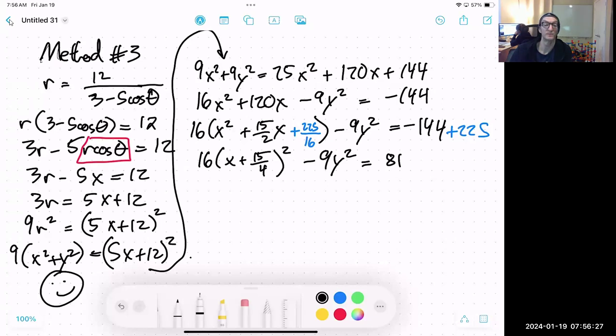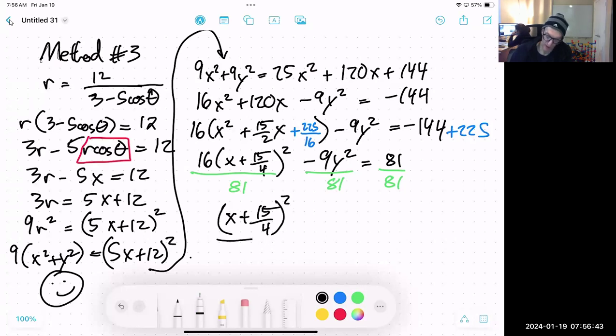I did. Okay, and these numbers should start looking kind of familiar if you now divide both sides by 81, then you're going to get x plus 15 fourths squared over 81 sixteenths minus y squared over 9 equals 1.